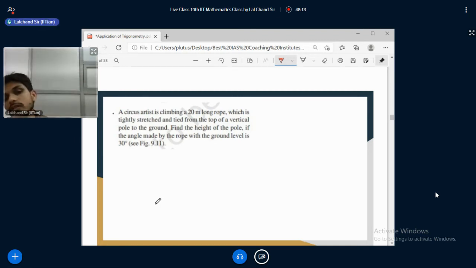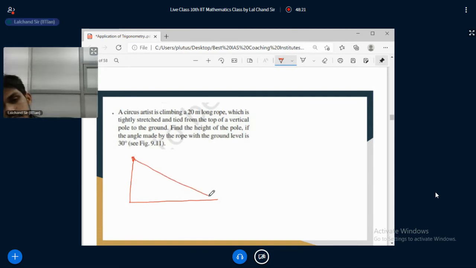Okay, so let's suppose this is the vertical pole and this is the rope. Okay, so a circus artist is climbing a 20-meter long rope. So the length of this rope is 20 meters. Which is tightly stretched and tied from a point on the vertical pole to a point on the ground. So this is a point on the ground.